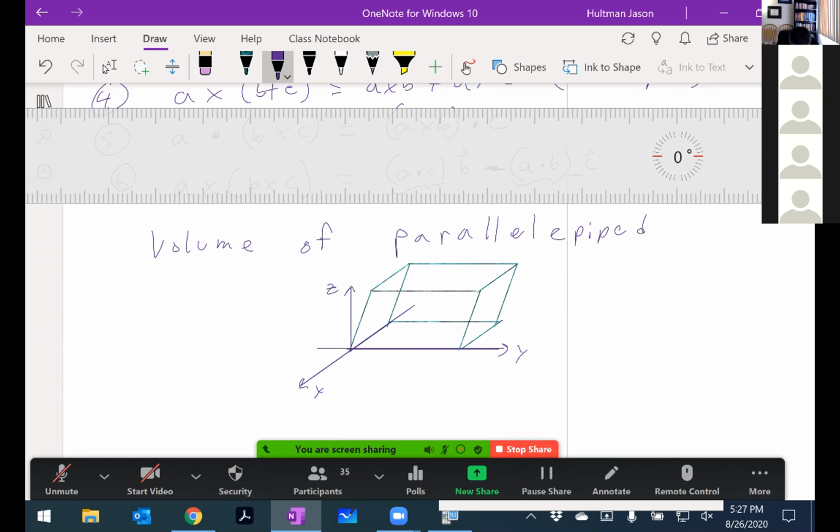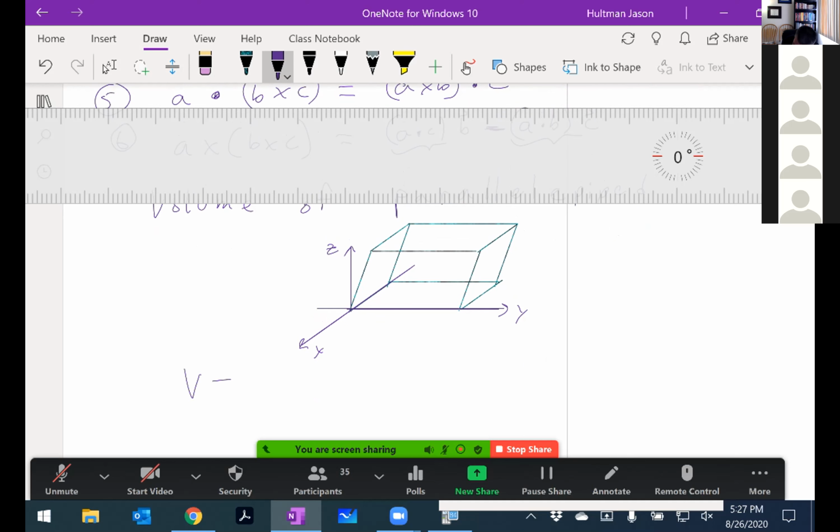Okay. So I claim that the volume of the parallelepiped is equal to, okay, this volume is equal to, that's my claim.